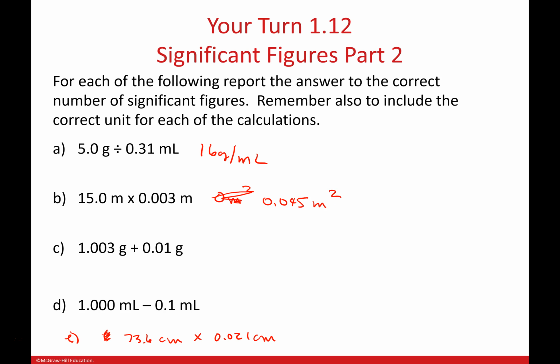So the way this works is we go from left to right and we pick only the first digit and we truncate it there and we round. 0.05 meters squared. So we take the first sig fig, because we're only allowed one.